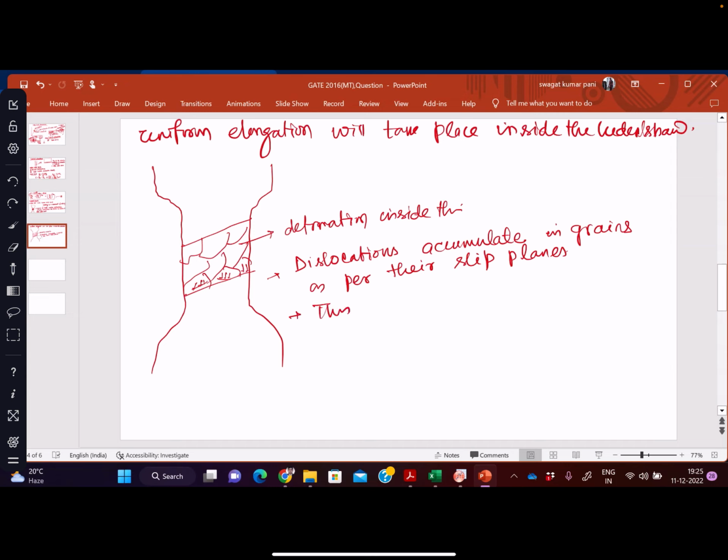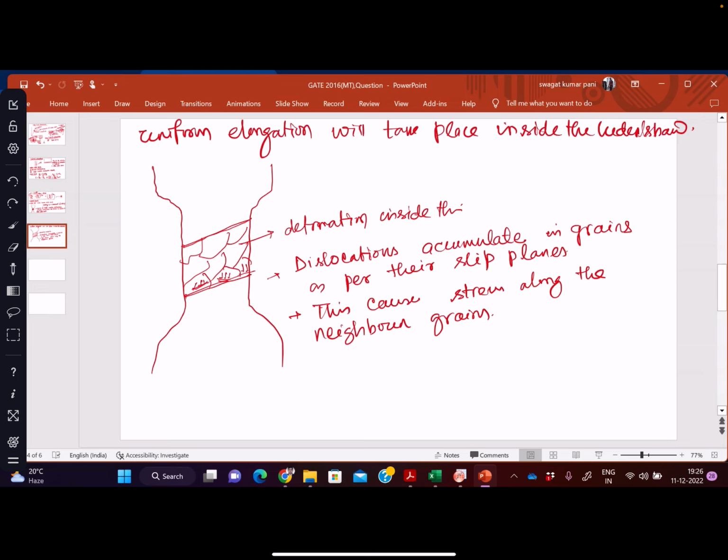This causes stresses along the neighbor grains. So what happens when deformation is happening only in this region? That means the dislocations are moving and they accumulate at their slip planes.